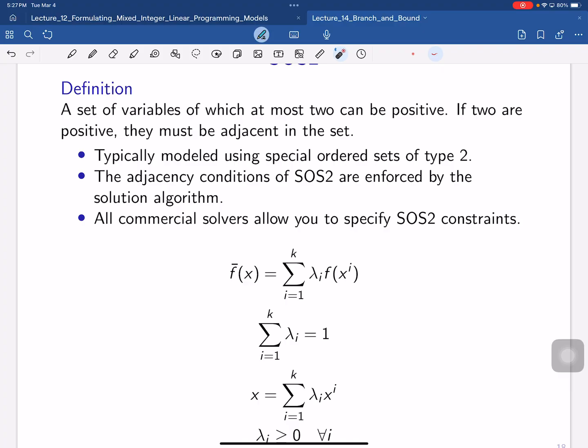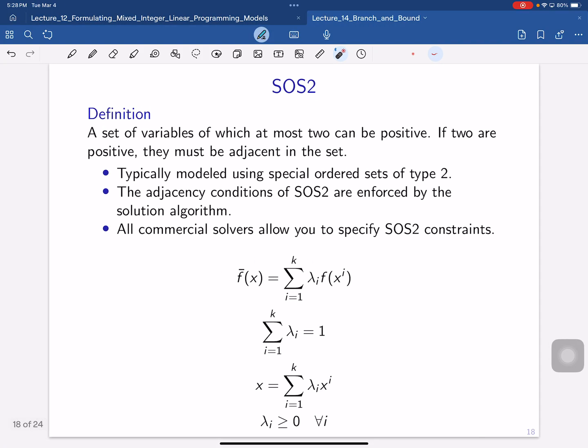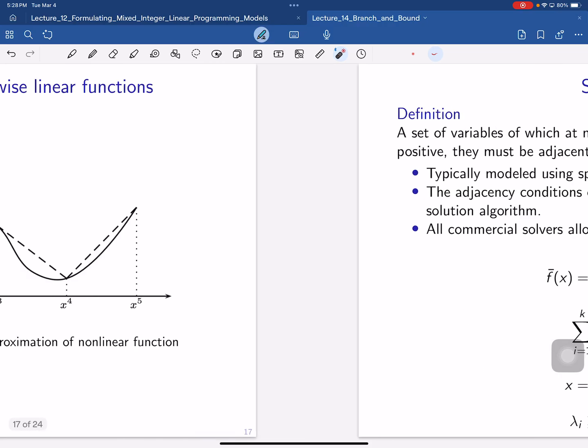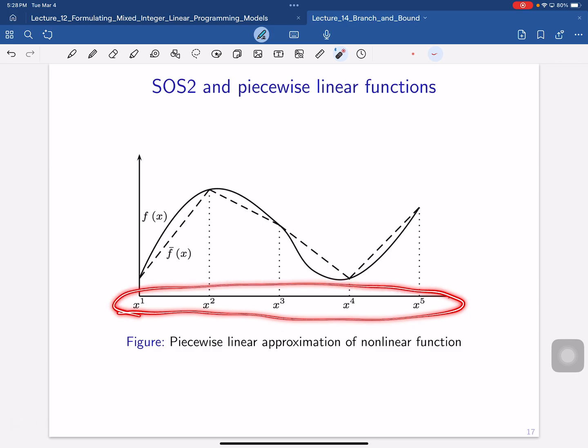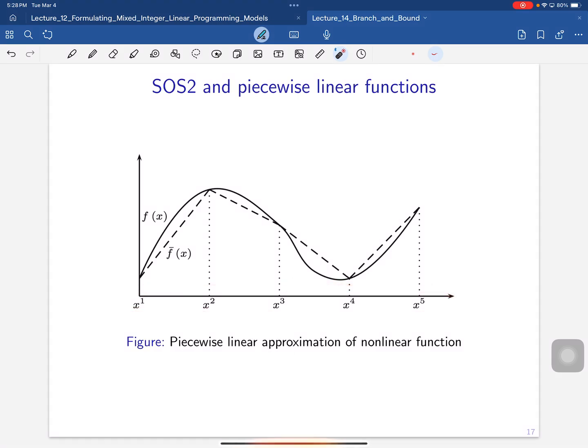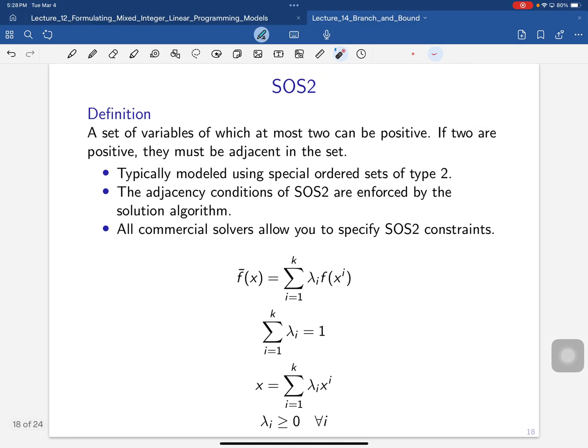The way to do that is the following. Let's assume x superscript i are the breakpoints we have chosen so far, x1 all the way to x5. You have chosen 5 different breakpoints, and we will get a function value at these 5 breakpoints. And let's assume x is a combination of those breakpoints.